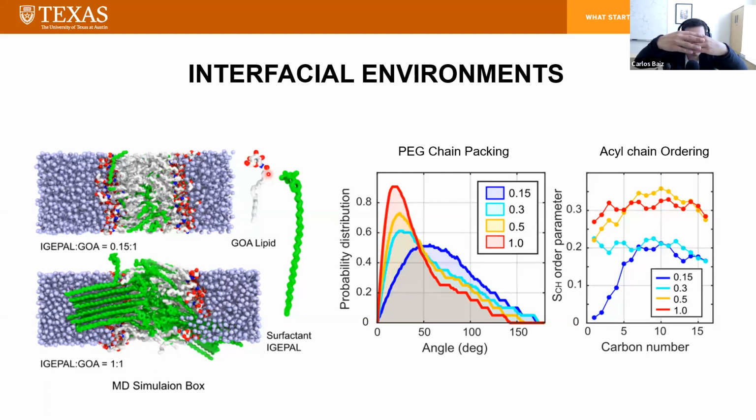They're starting to pack together very closely. So this suggests that there's a microscopic phase separation happening in the membrane. In other words, you add IGPAL and it doesn't get uniformly incorporated into the membrane, but it forms patches that are enriched in IGPAL and patches that are enriched in GOA.